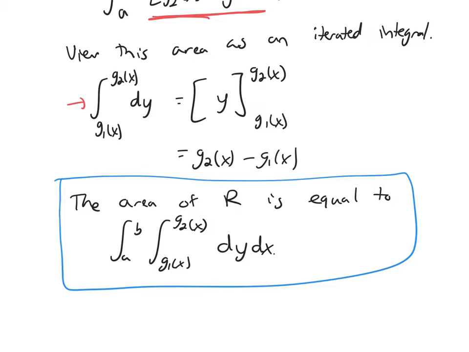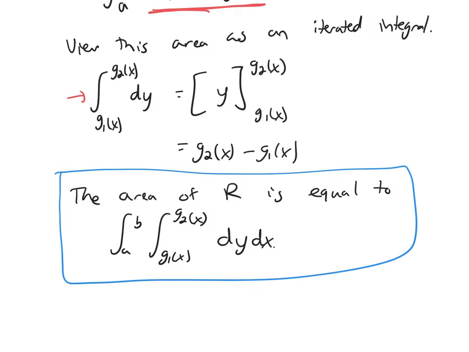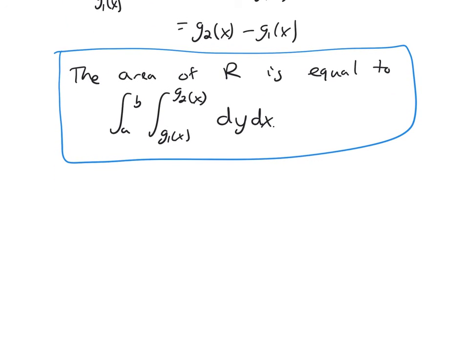Well, not all regions in the plane have a top function and a bottom function. Sometimes they're bounded instead on the left and on the right. So what would the picture look like then?